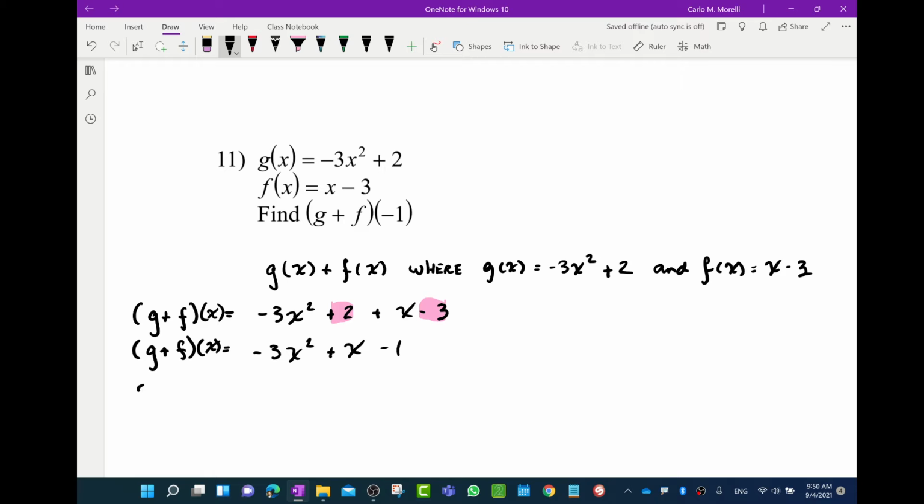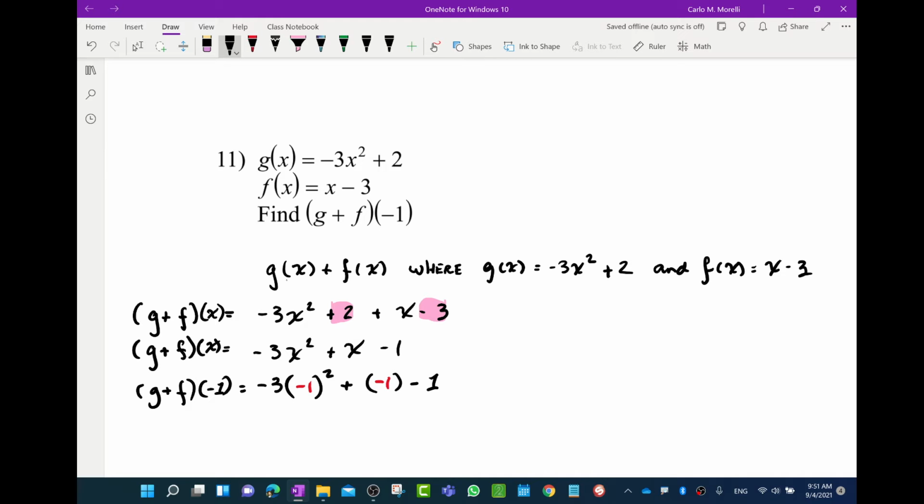But now they want us to do g plus f of negative 1. So what we would do is simply substitute in everywhere we see an x, a negative 1.